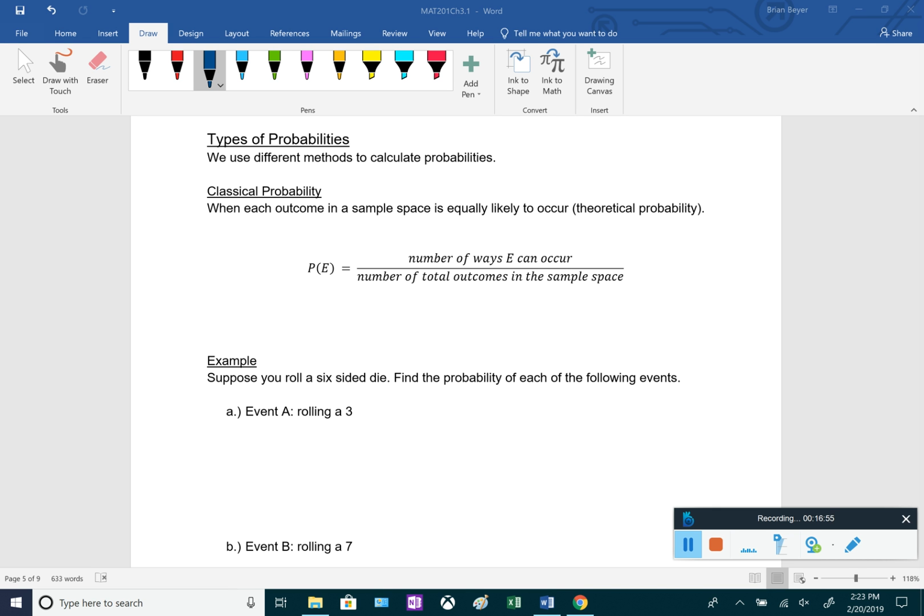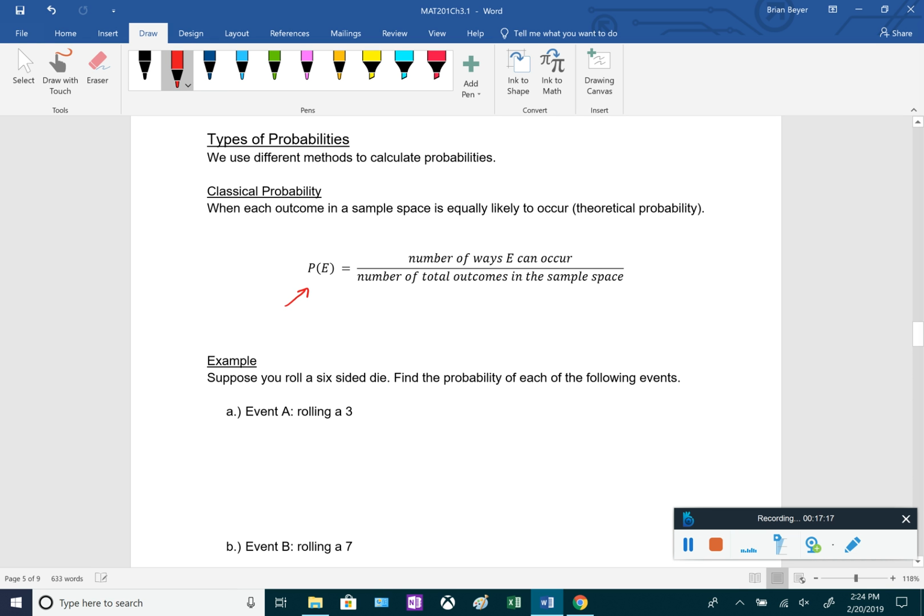So for the next thing here, we have types of probabilities. There are 2 different types of probabilities, different methods that we use to calculate probabilities. The first one is classical probability, also called theoretical probability. When each outcome in a sample space is equally likely to occur, this is the one that we'll be using.